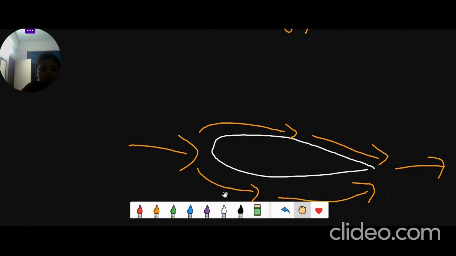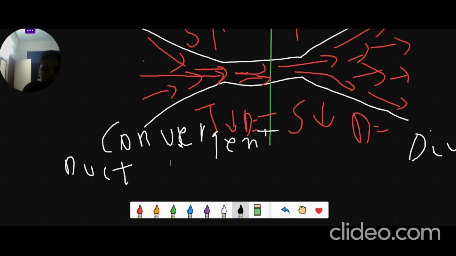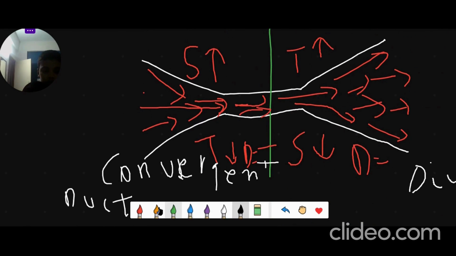What do you notice here? And one more thing, the pressure. Now we come back to it. As soon as this happens, when the speed increases and the temperature decreases, the pressure will decrease, and in this case the pressure will increase.